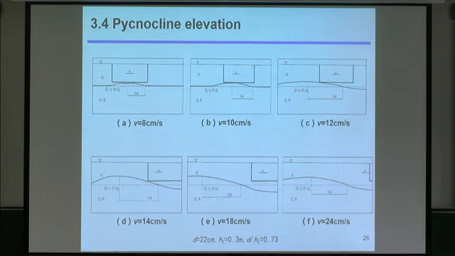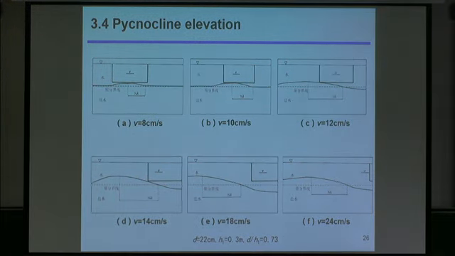Okay, now let's see another one, where the non-dimensional draft is 0.73, deeper than that one. Here we can see the wave elevation like this. Because the bottom of the structure is very close to the interface, the wave elevation touches the bottom of the structure.